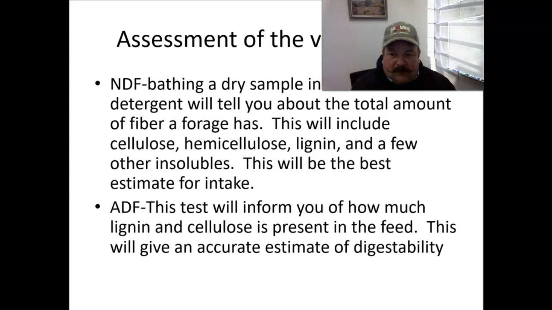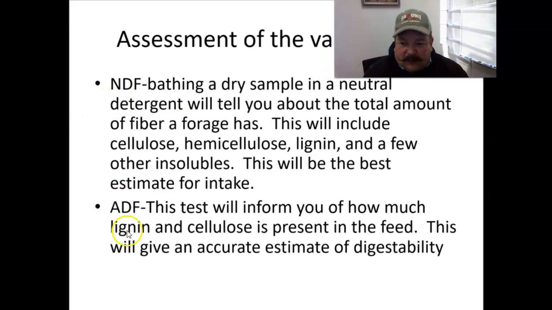That gives us our next test. These two values that we're going to come up with are a big deal when we talk about nutritive value of forages. The first one we're going to figure out is the NDF. To make this really simple right now, NDF is neutral detergent fiber. That's basically a test for how much fiber is there in total, all of it.